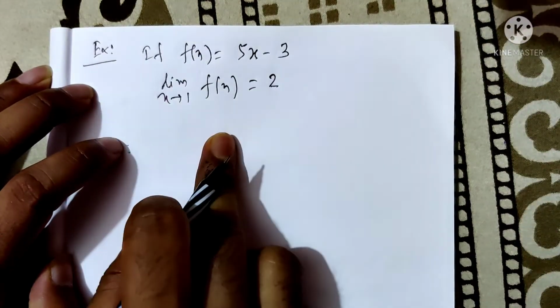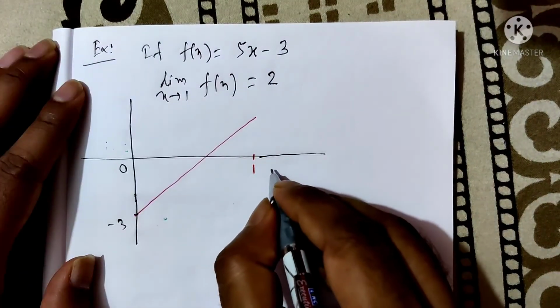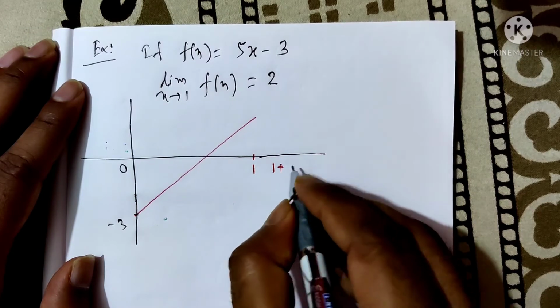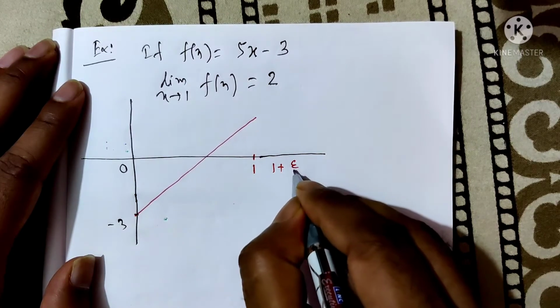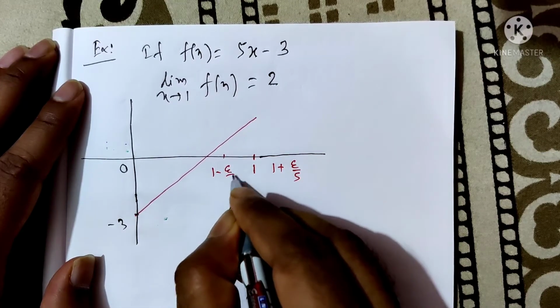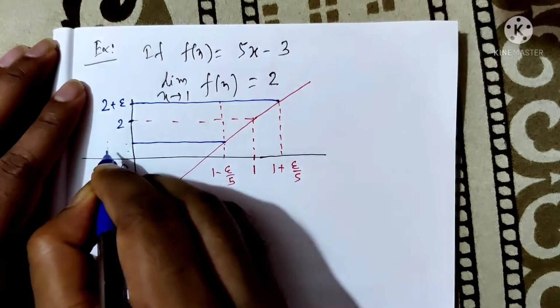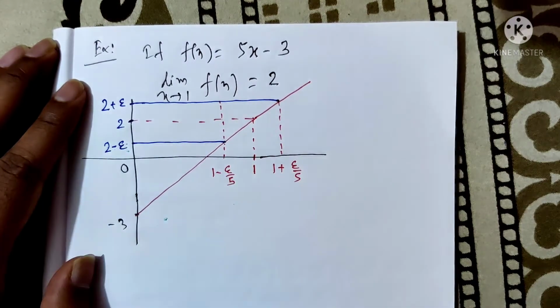Let us solve some examples using a figure. So draw this figure: 1 plus epsilon by 5 and 1 minus epsilon by 5, 2 plus epsilon, 2 minus epsilon.